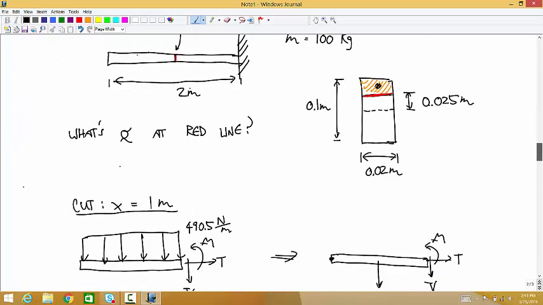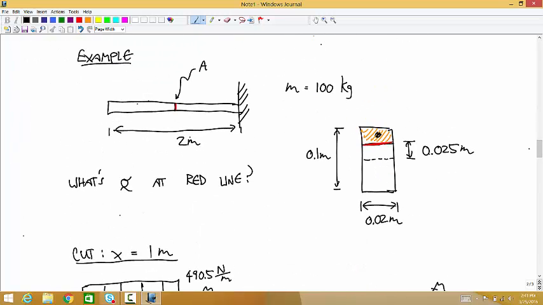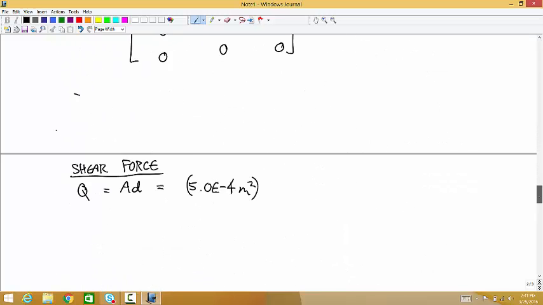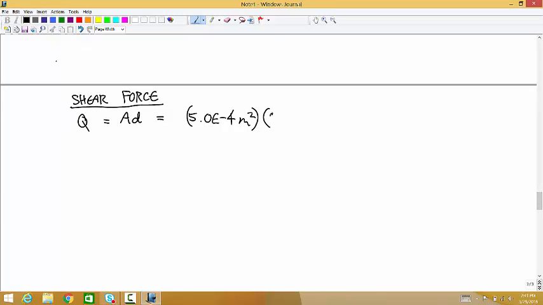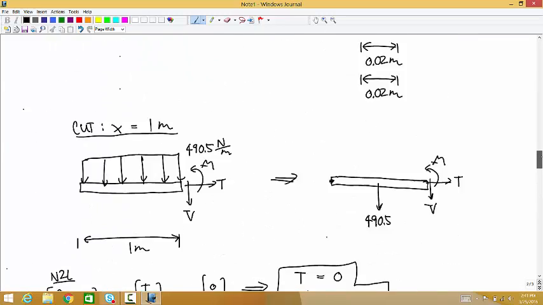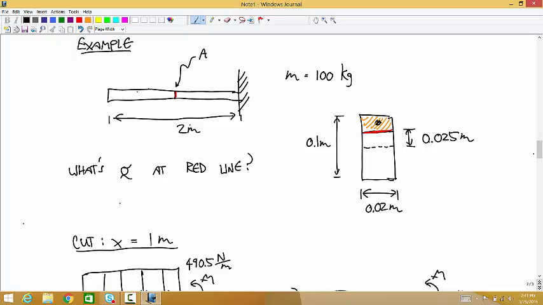Where is that? 0.0375 looks right to me. Okay. So the distance that we want is from the neutral axis to the centroid of this.